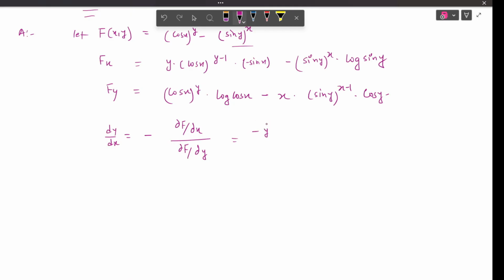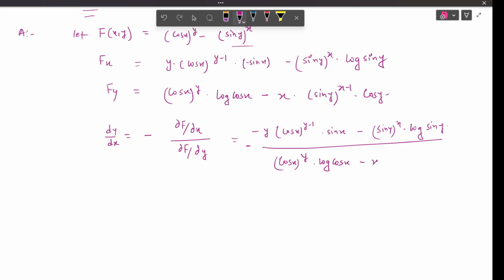It will be minus y into cos of x to the power y minus 1 into sin of x, minus sin of y to the power x into log of sin of y, upon, with the minus outside, cos of x to the power y into log of cos of x minus x into sin of y to the power x minus 1 into cos of y.